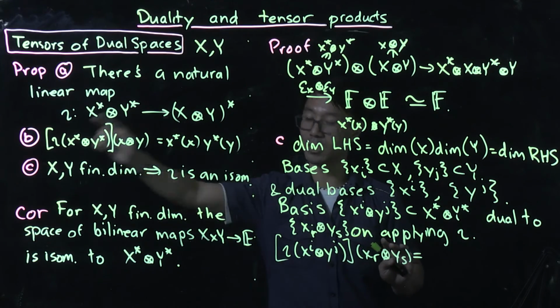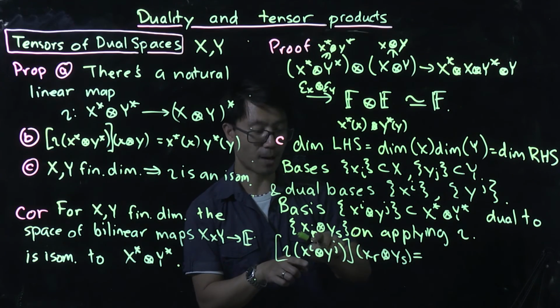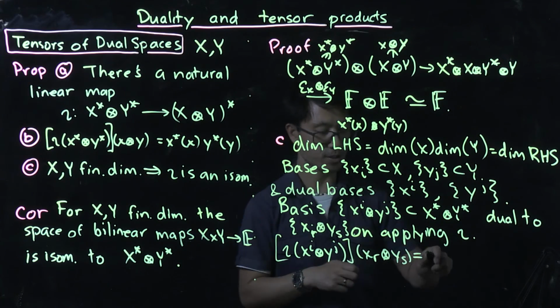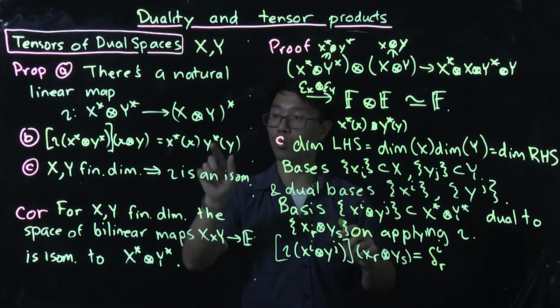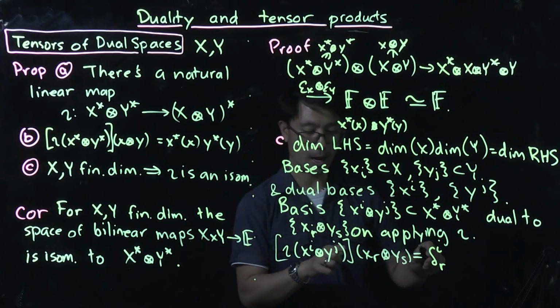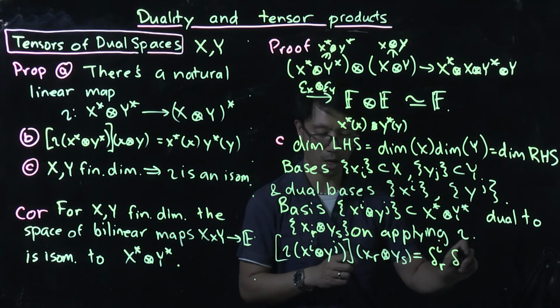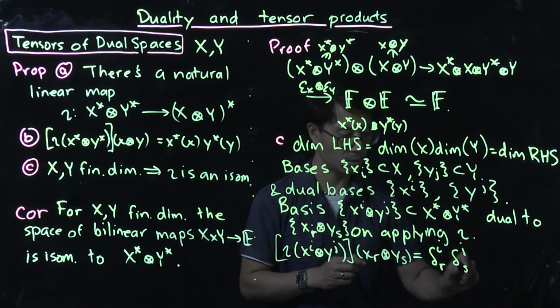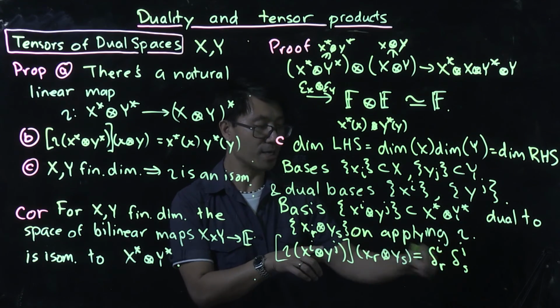Now we can use part B to work out what it is. I just evaluate this linear function x upper i at x_r. Of course, that's the Kronecker delta, delta i r. And then I multiply it with y^j evaluated at y_s. And that's, of course, just the Kronecker delta, because these are also dual bases, so that's delta j s. So when is this equal to 1?